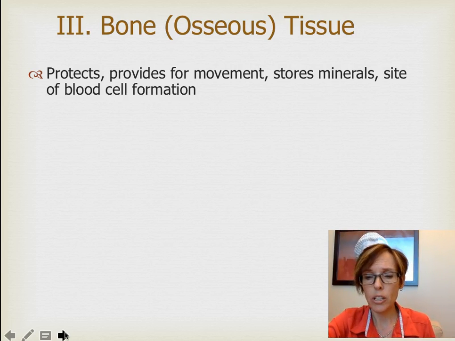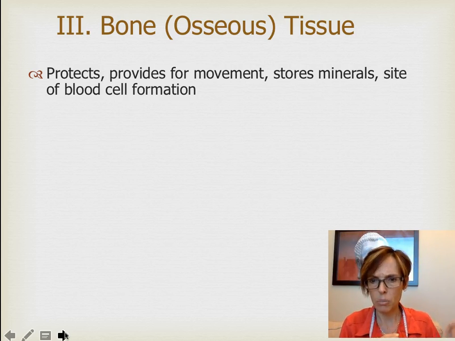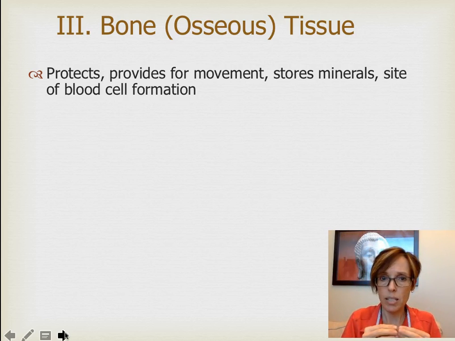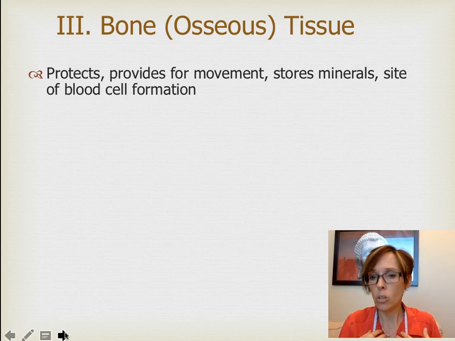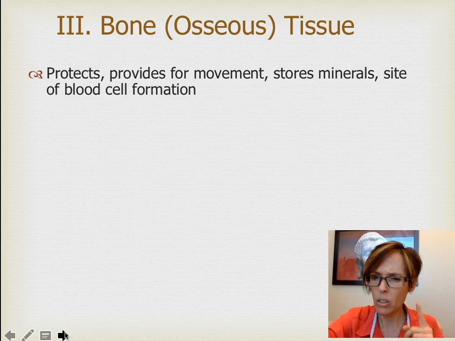As we mentioned a little bit earlier, blood cells are formed in red bone marrow. I think we talked about leukemia in a previous chapter. So basically, in the adult, all of our blood cells are being formed in bones, particularly long bones.